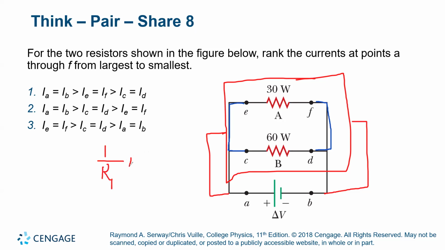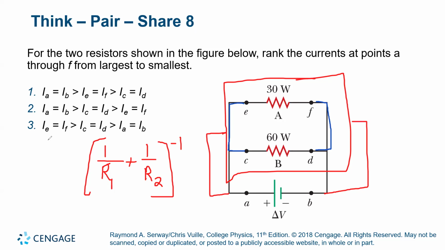I told you it was going to be an important formula. Well, here it is again. The total resistance is going to be the sum of the reciprocals, flipped. So it's the reciprocal of the sum of the reciprocals.